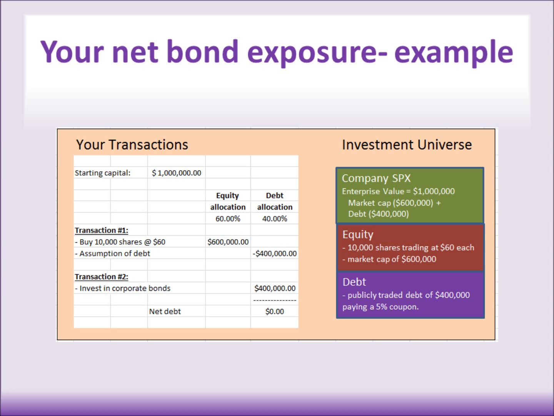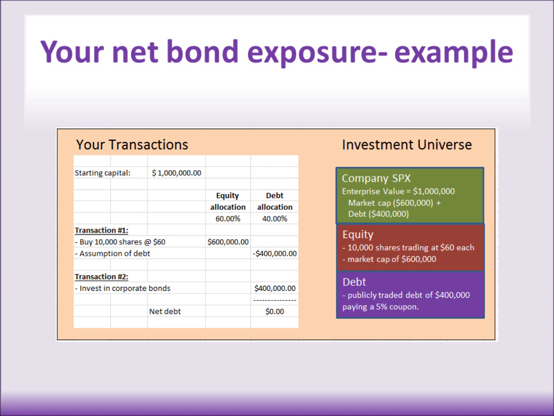Okay, that's just from taking the equity position. Now, in transaction two, when you allocate 40% or 400,000 to bonds, now you have effectively neutralized your bond exposure because your equity position made you short 400,000 in bonds, and now you just went long 400,000 in bonds, so your net bond exposure is effectively zero in this case.